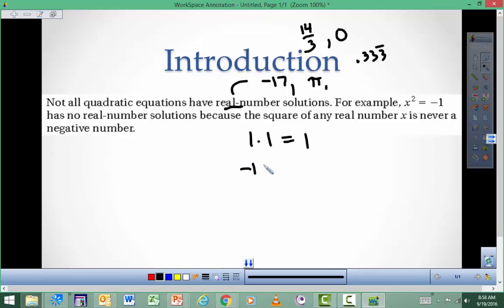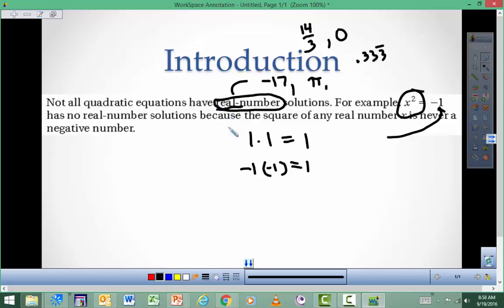And negative 1 times a negative 1 is also equal to a positive 1. And those are the only two real number solutions that even get close to this solution over here. So we're looking for a number that's squared but gives us negative 1. And if you think about that for a moment, you're going to say, well, that's impossible. And it is. It's impossible with real numbers.